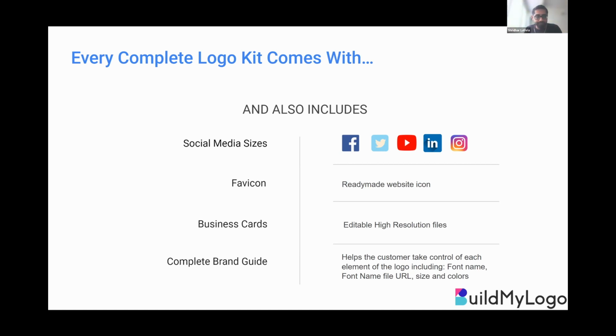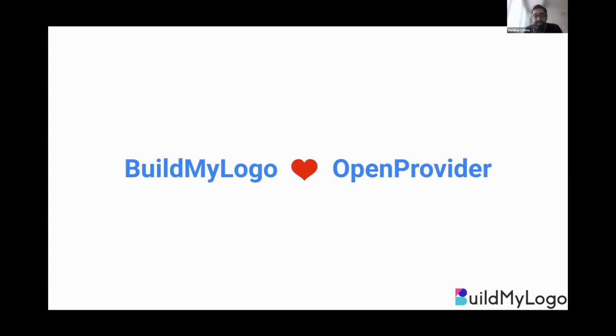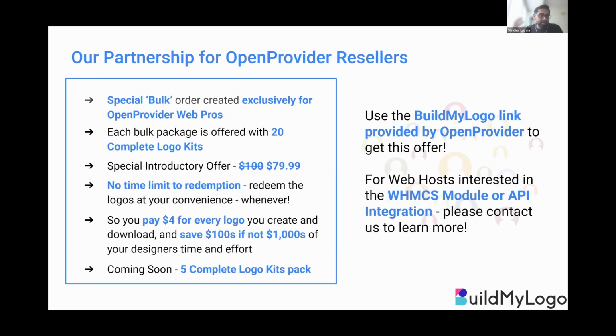And like I said, there's a partnership that we have going with Openprovider. The partnership allows us to exclusively offer this Web Pro package only to Openprovider partners and resellers. Each bulk package, like I said, is offered with 20 complete logo kits.